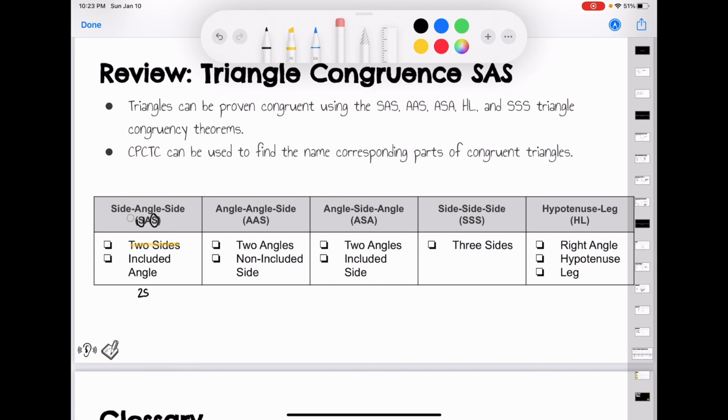Well, as you can see here, A is in between my two congruent sides, my S and S. Thus, it is between my two sides, thus being an included angle, right? Because if I had a triangle and I had two sides which were congruent, then my included angle must also be congruent in order for me to use the side-angle-side theorem.